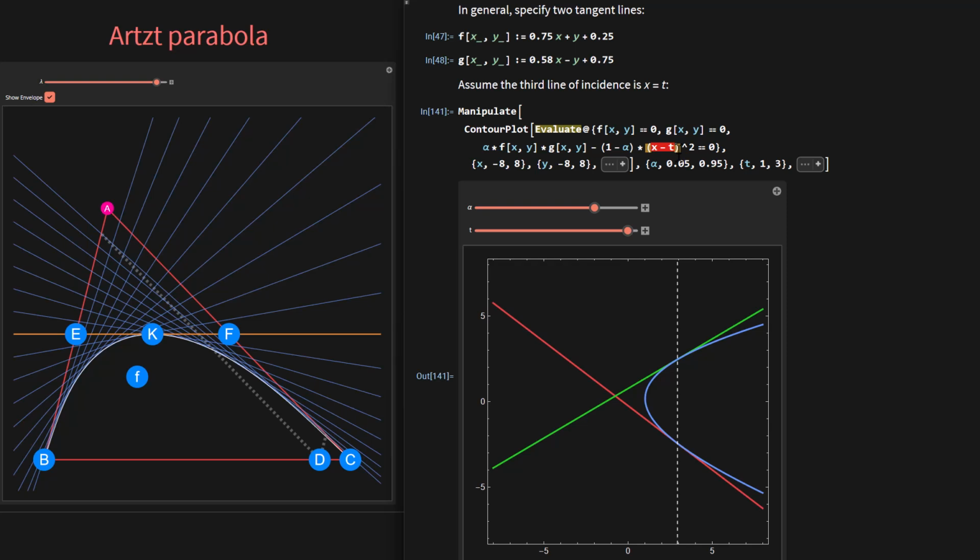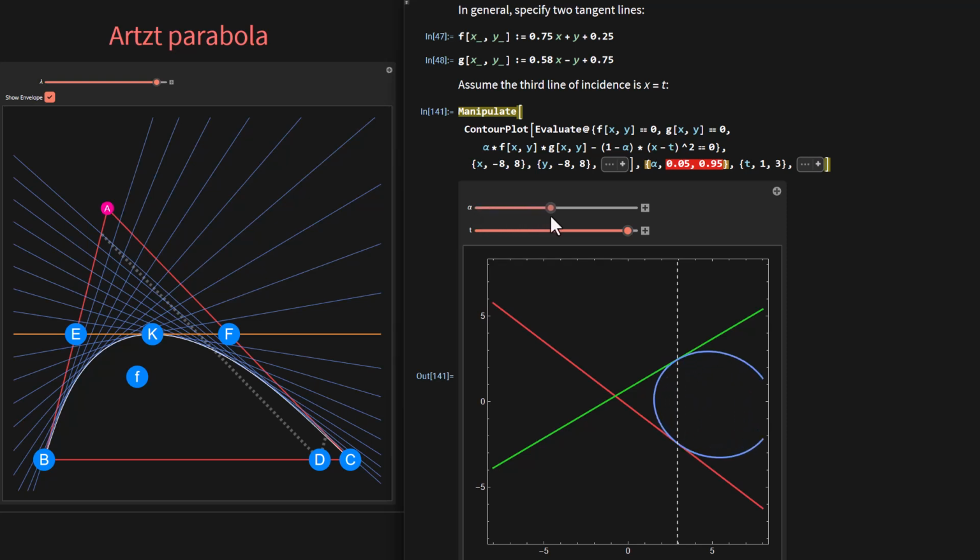To simplify the problem, I specify the line as this vertical line. So the vertical line is x equal to 1, x equal to 2, and so on. t is a variable that can change from 1 to 3. And alpha is a parameter. This parameter changes the shape of the bitangent family.